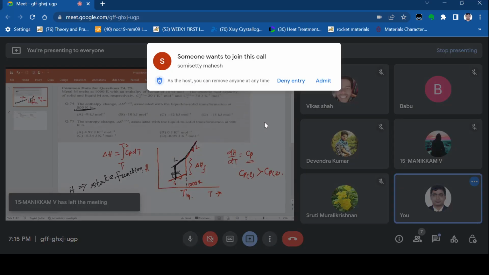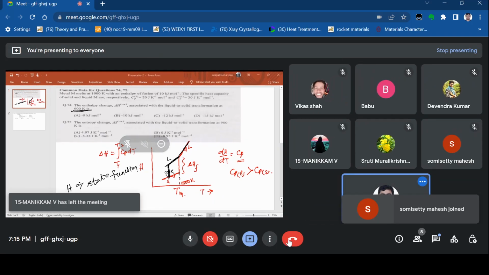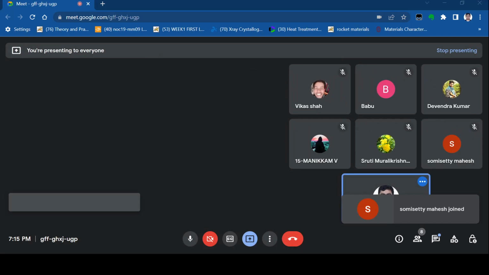So what we do, we know that enthalpy is a state function. Is it visible now? Yes sir. So either we can calculate directly from here to here, but there is no way we can calculate this, so we can go like this.